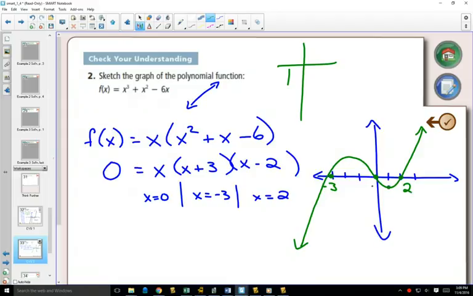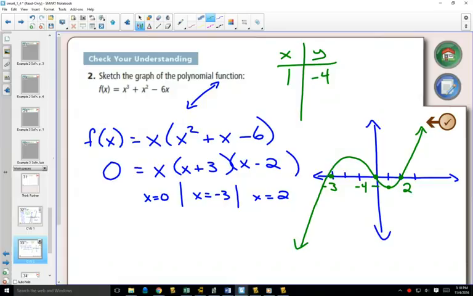So I could plug in 1 and find out that it's -4. I could plug in -1 and -2 and find out some of those values in there. But for what I have right now, this is a sketch.